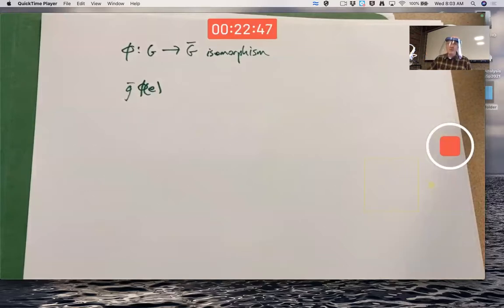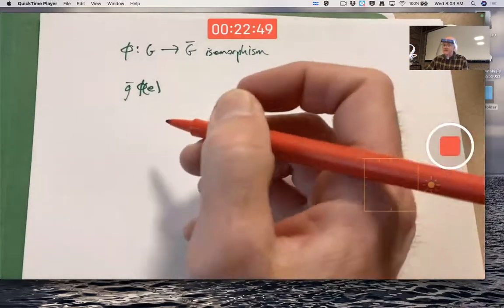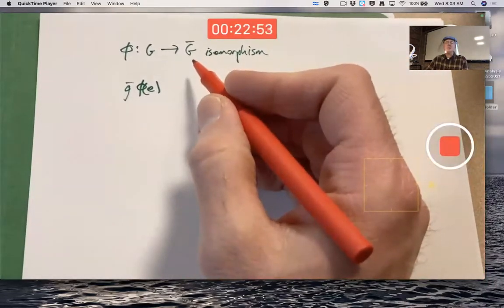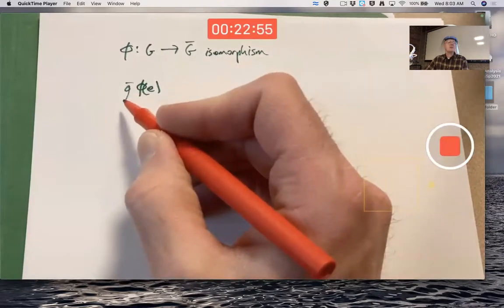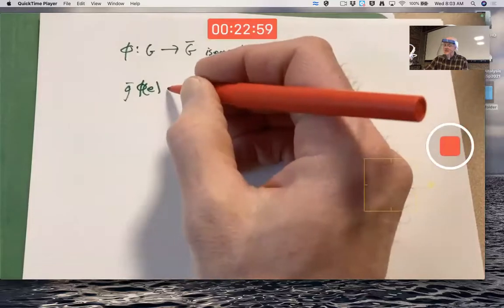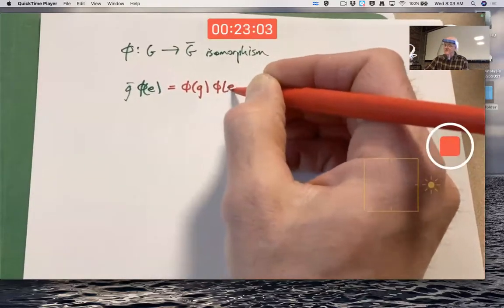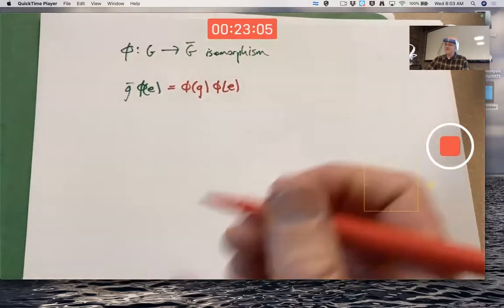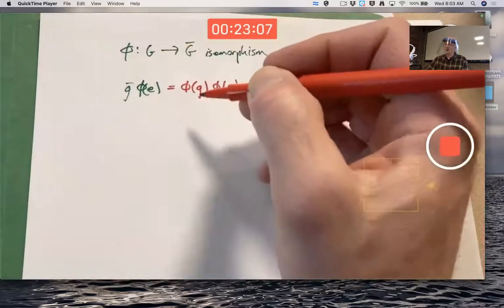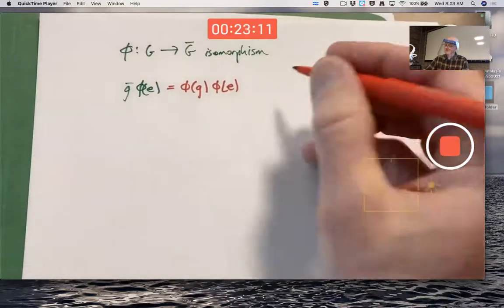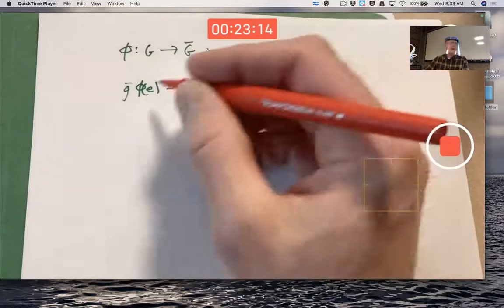it reveals that, well, since phi is an isomorphism, it's also onto. So for this given arbitrary element of capital G bar, there would have to be something in G that gets mapped to it, call it little g. I'm not writing a proof here.